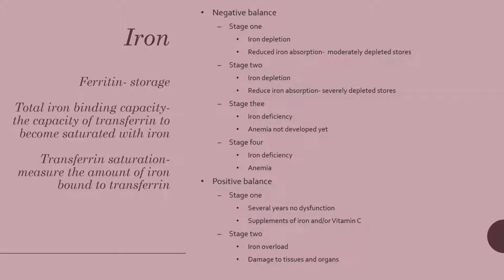Serum ferritin is the chief storage form of iron in the body, or at least that I can pull out and look at from the blood cell. And it turns out that the amount of iron that is stored in ferritin is directly relational to the amount of iron stores within the body.